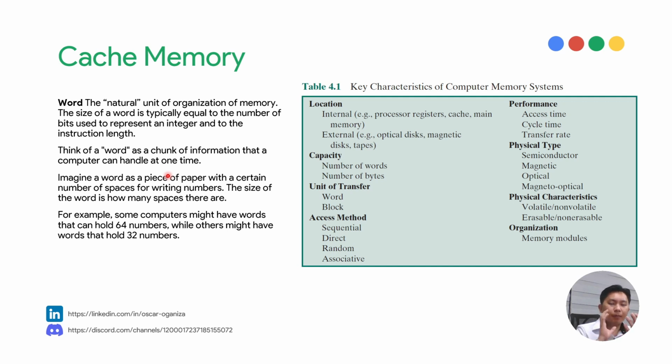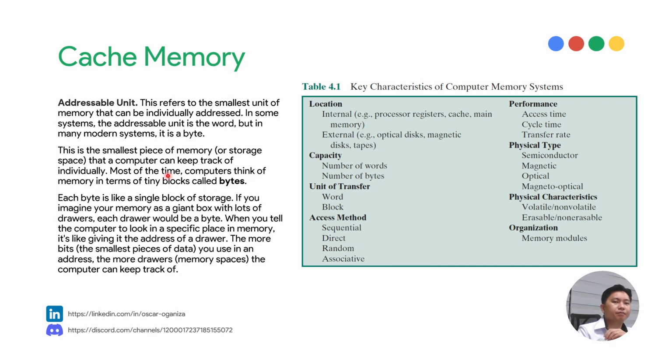So dito, ang word na tinatawag is yung information mo kung saan siya ang nag-handle ng chunk ng information. Ang pinakamagandang example dito, meron kang isang blank piece of paper na kaya siyang pagsulatan ng 64 numbers or 64 words. So that's typically the word in the context of cache memory. Ano naman ang addressable unit?